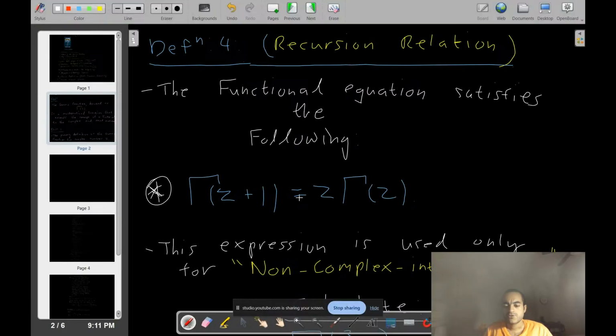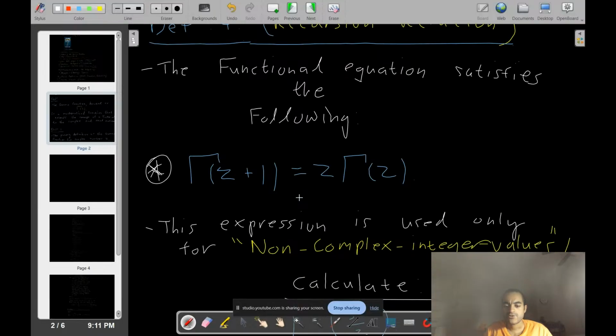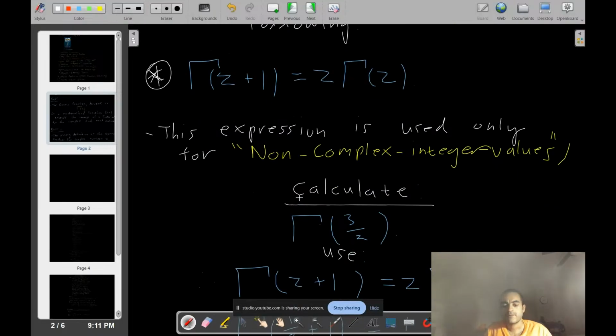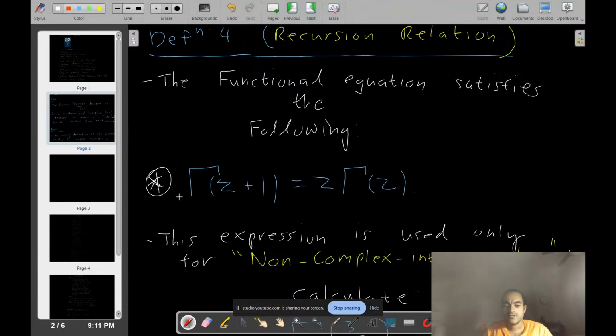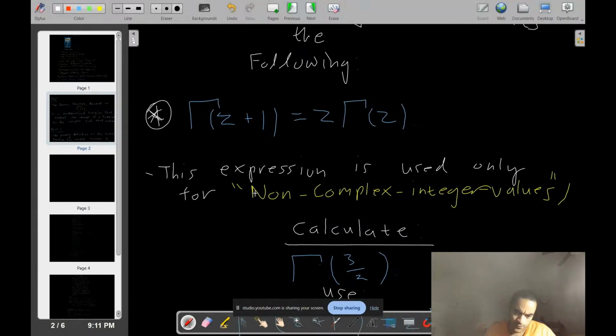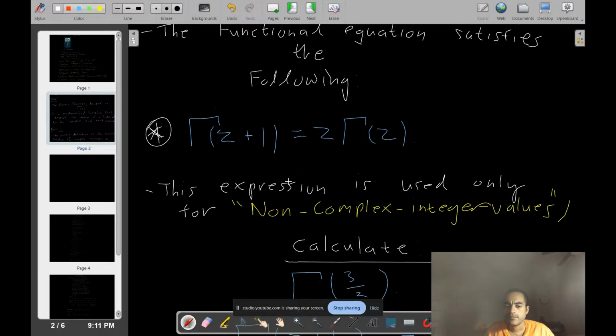That only leaves rational numbers, like negative a half, 1/2, 3/2, and so forth. This is the expression we would use if we have to deal with something like that. So let's say, for instance, we want to calculate gamma of 3/2. Does anyone know how we do that using the formula above?